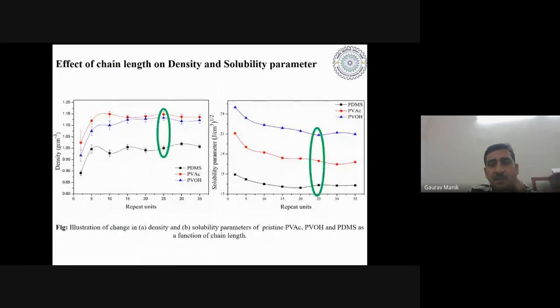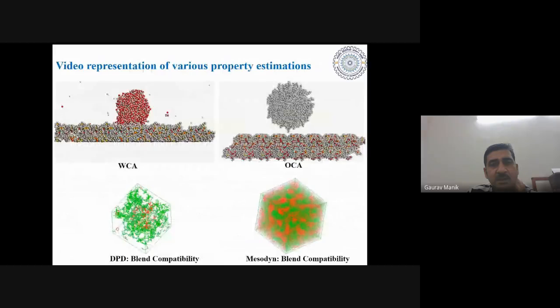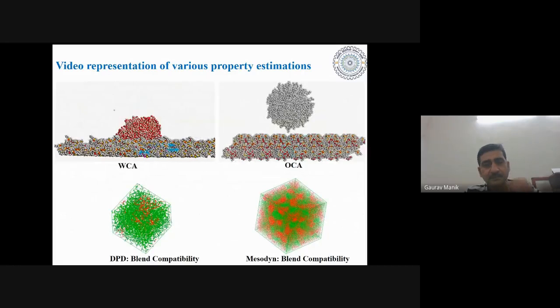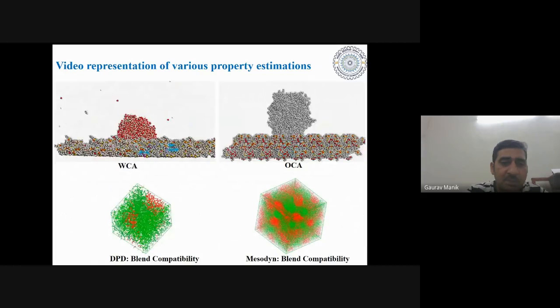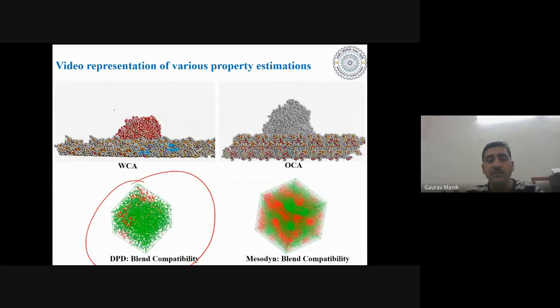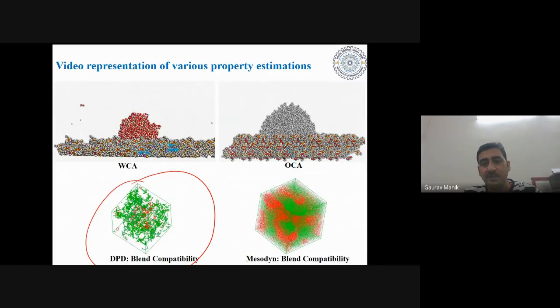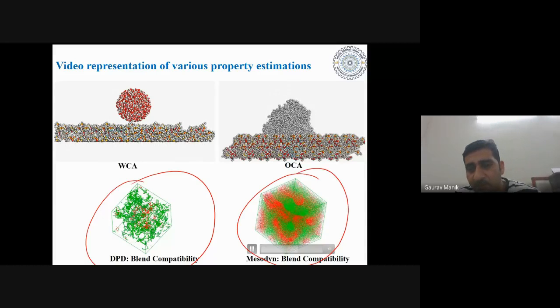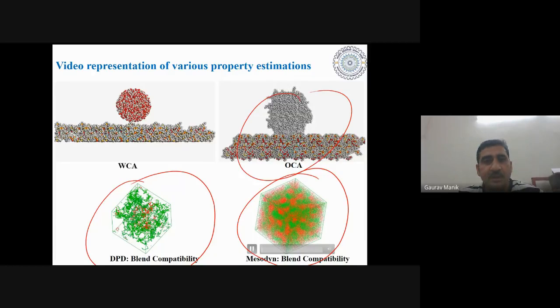Then we can estimate system density. We can even do a blend compatibility analysis between two base matrix polymers using DPD. We could even use Mesodyn, a simulation software where you can see whether there is going to be compatibility or incompatibility between the base matrix polymers, and likewise you can capture the contact angles.